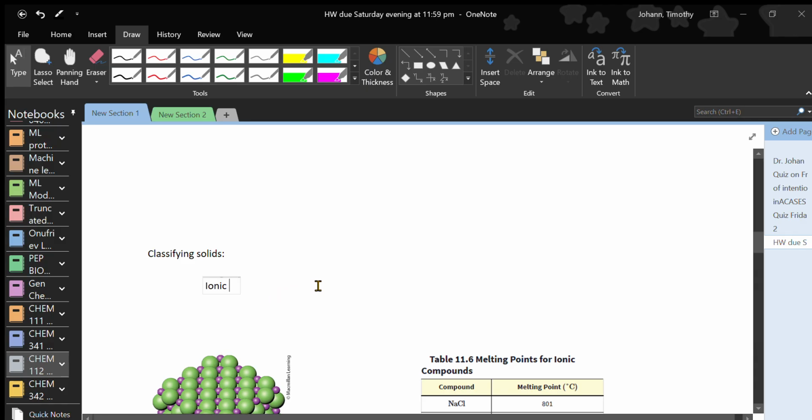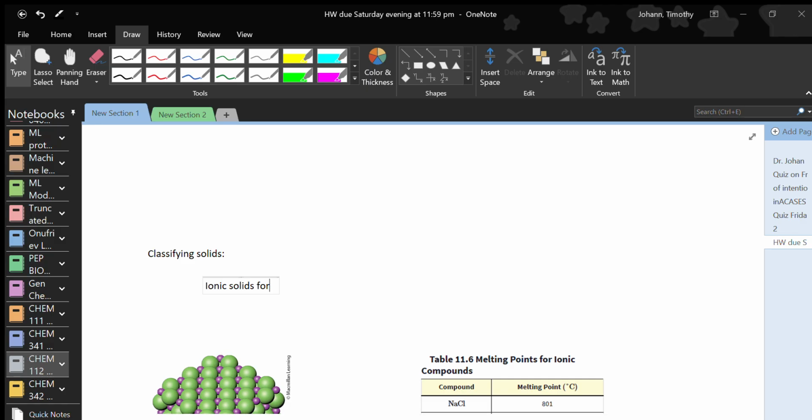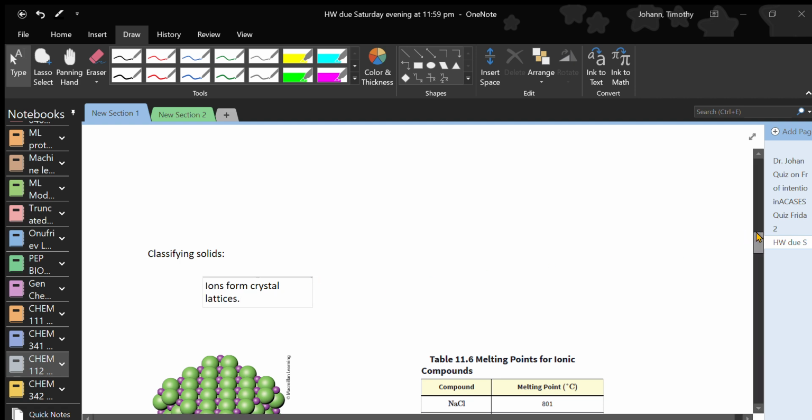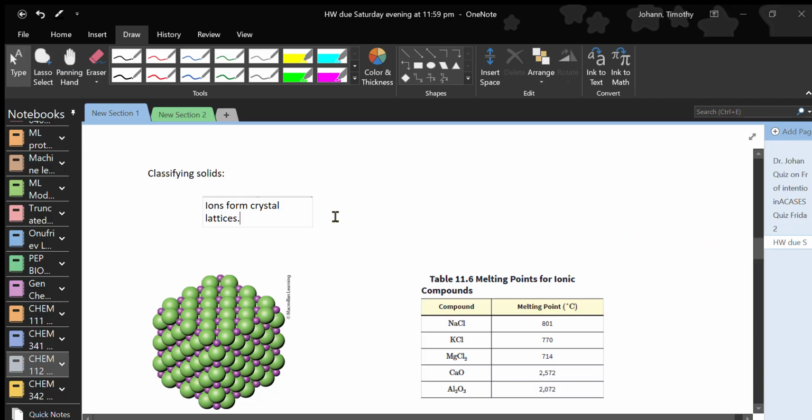So ionic solids, or I should say, ions form crystal lattices. That's like this picture we see right down here. We end up with this very ordered lattice where the ions come together.